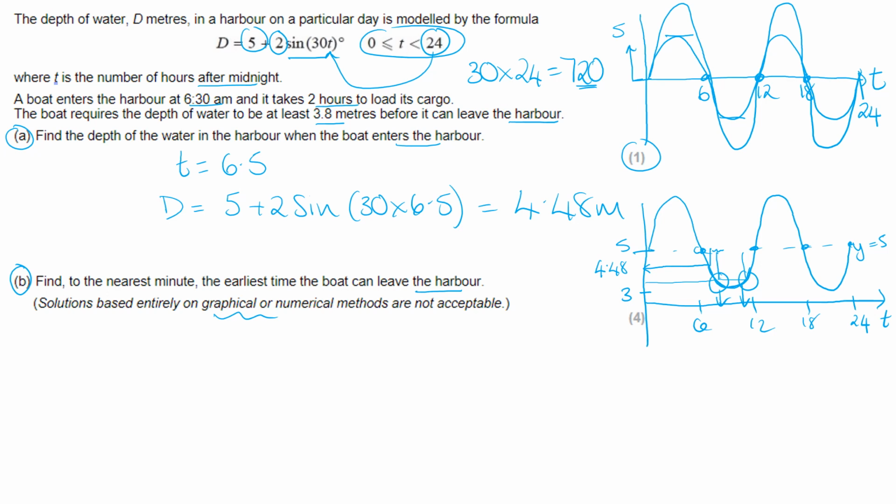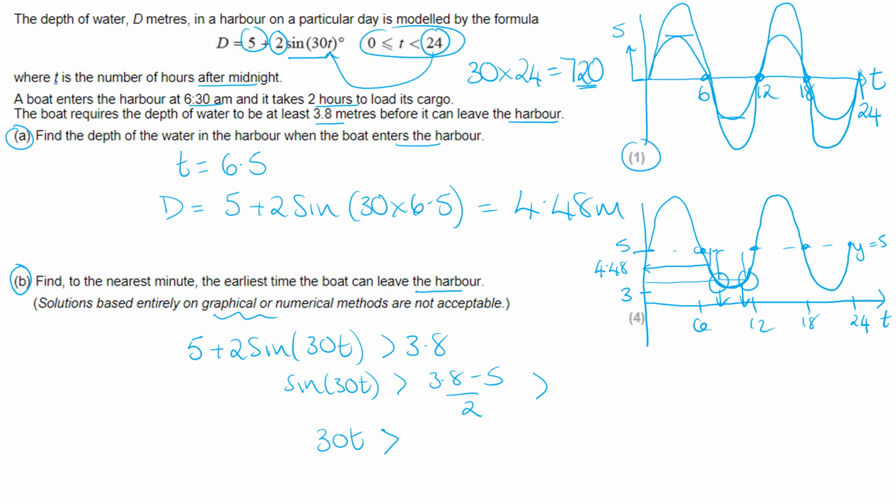So what we need to do is say that 5 plus 2 sine of 30t needs to be bigger than 3.8. And then if we take away 5 and divide by 2, the sine of 30t will have to be bigger than (3.8 minus 5) over 2. And on your calculator, that comes out to be, if we inverse sine, the 30t will have to be bigger than minus 36.9.